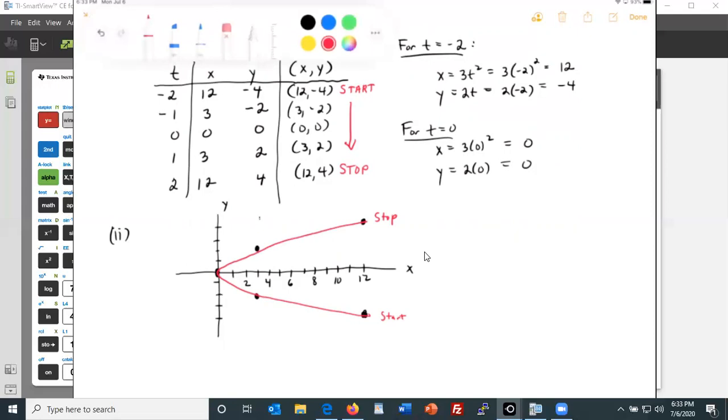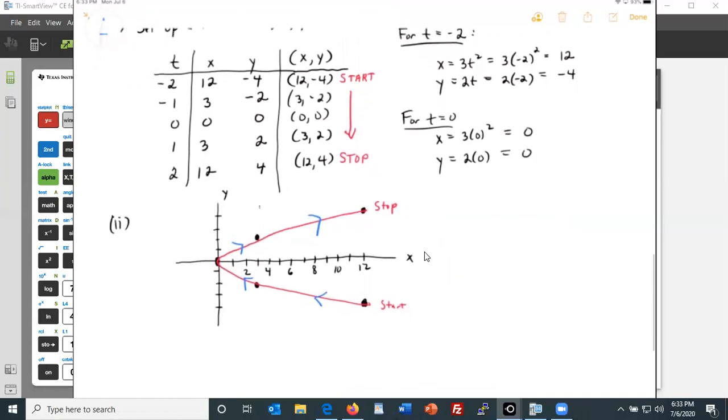And then using arrows, right, if I start at the bottom, it's going this way around the curve until it gets to its stopping point. Okay? So you have to mark on the graph those arrows. So make sure you include the arrows. All right. And that's for, remember, what's called the orientation or just the direction.